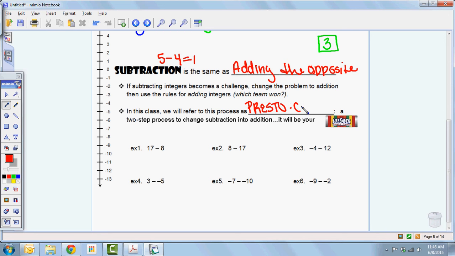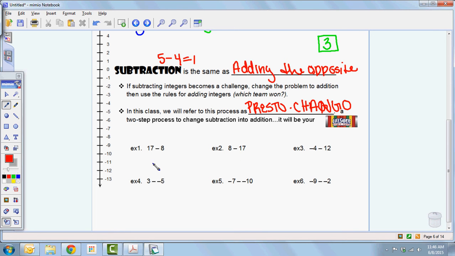Presto Change-o is also going to be known as your lifesaver. It's going to help you so much, I can't even tell you when we get to the end of the year stuff. So I would just use it whenever you see a subtraction problem with negatives, just automatically do Presto Change-o. Okay, so let me show you what Presto Change-o looks like.